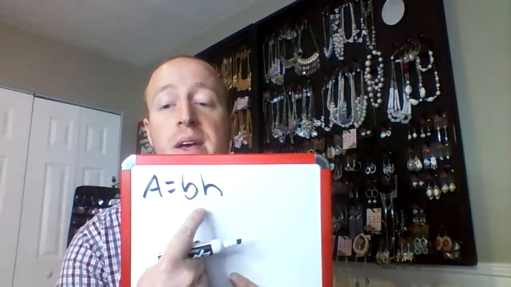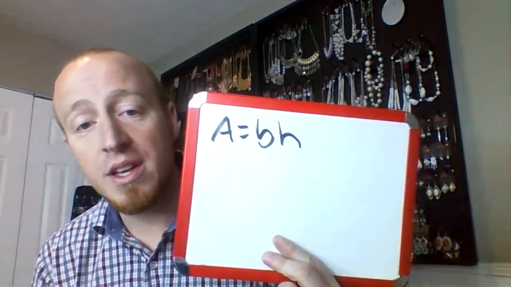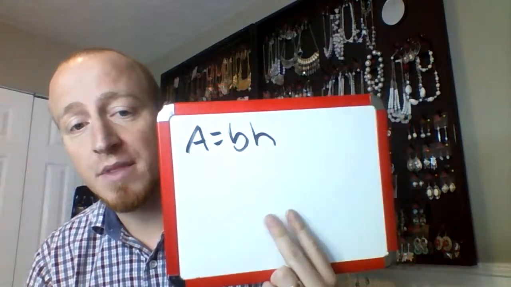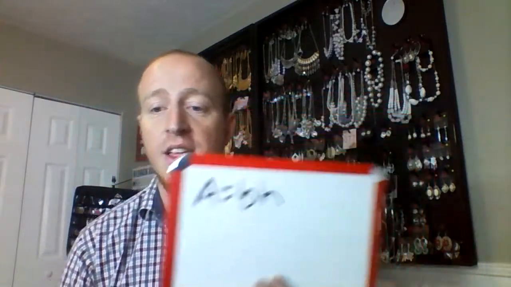Over here. All right, so the next part of this is if we're not trying to find the area, but if we're given the area and we're missing the base or the height, but still not that difficult. You always know where to start, and that's going to be the formula. So no matter what, whether you're trying to find the area or the base or the height, we always start with the formula.